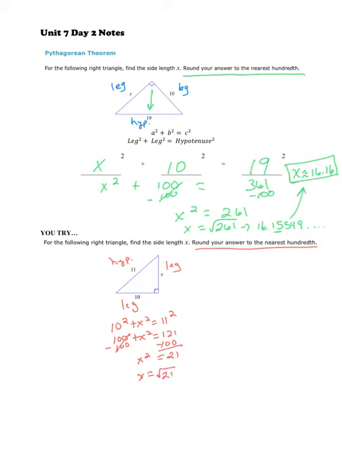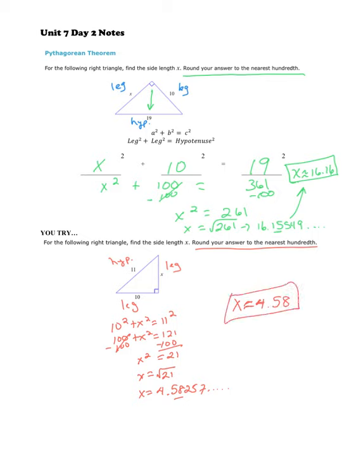And the square root of 21 is 4.58257, etc., etc. I want the nearest hundredth. So my final answer, x, is approximately 4.58.